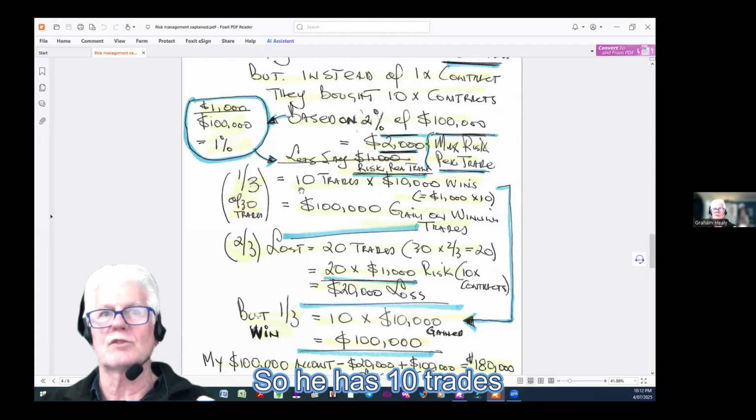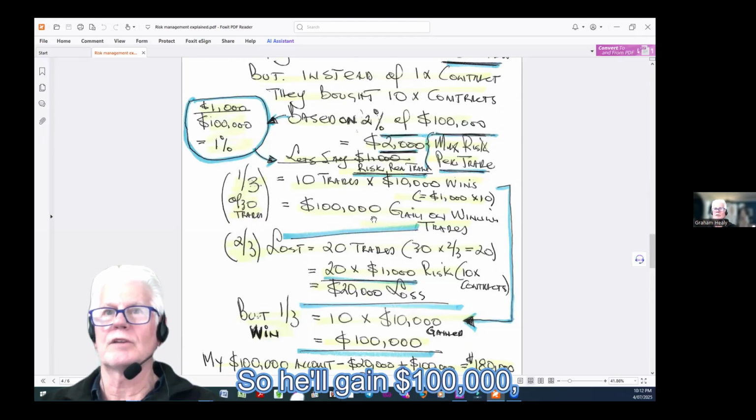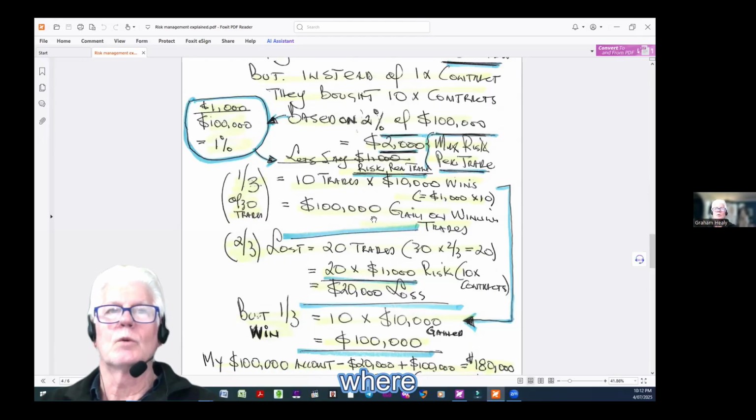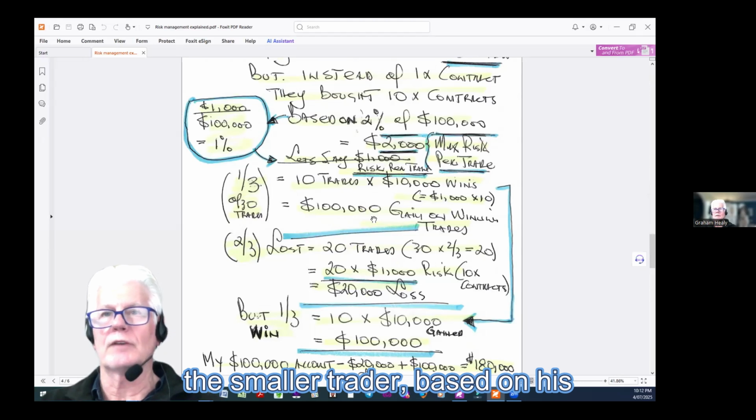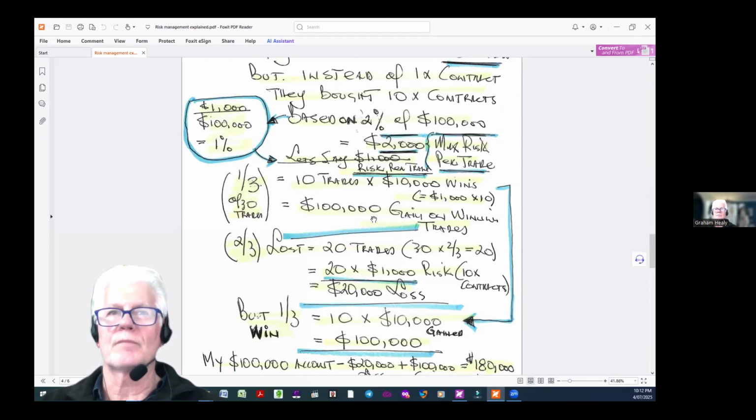So he has 10 trades with $10,000 per trade, and that will equal $100,000. So he'll gain $100,000, where the smaller trader, based on his capital trading amount, gains $10,000.